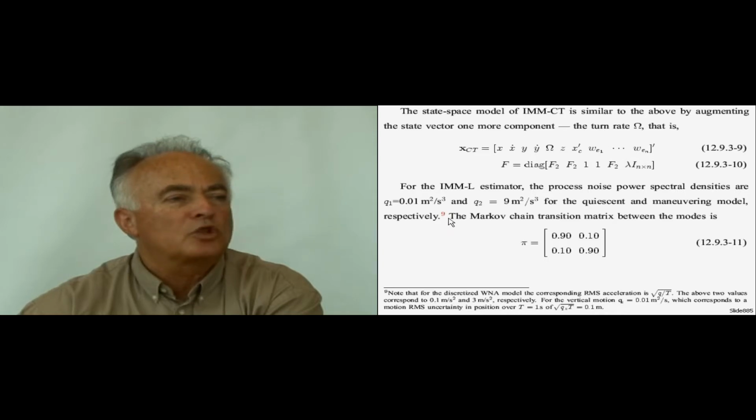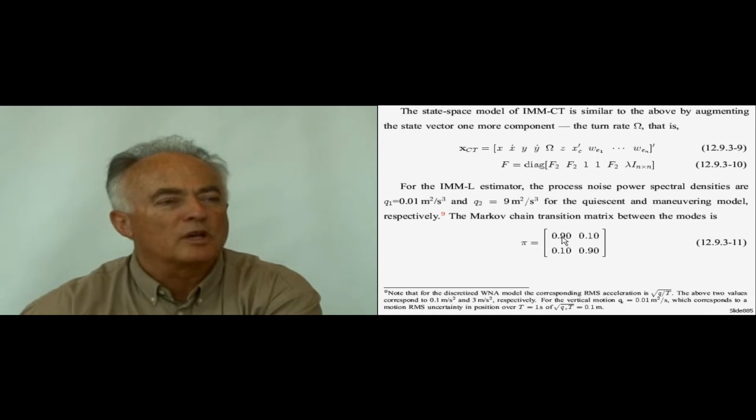The Markov chain transition matrix between the modes is 0.9 and 0.1 for jumping from no maneuver to maneuver, and same thing, 0.9 to stay maneuvering and 0.1 to get out of a maneuver. Also note the large ratio between these two.